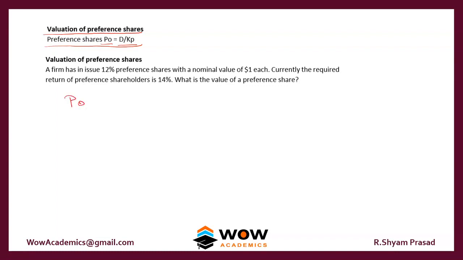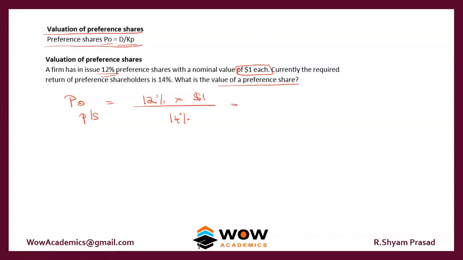So the P0 is equal to... a firm has a 12% preference share with a nominal value of $1. So 12% is the dividend rate and the value on which it is declared is 1. Currently the required rate is 14%. What is the value of the preference share? As the $1 is a single share's rate, the value that we'll get is also a single share's value.